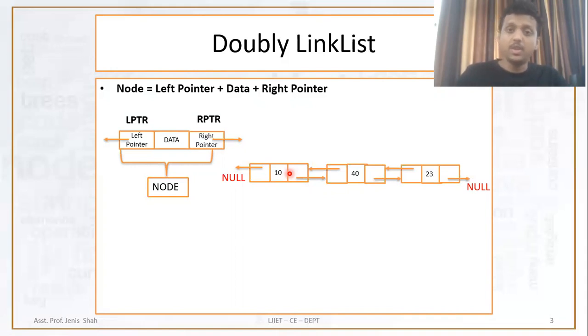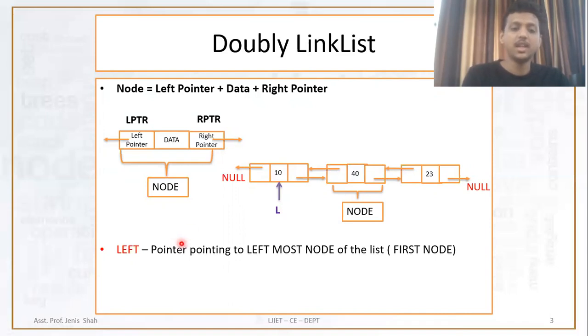But here we have two different pointers, one is L, another one is R. The L pointer points to the leftmost node of the list, that means the first node, and R points to the rightmost node of the list, that means the last.